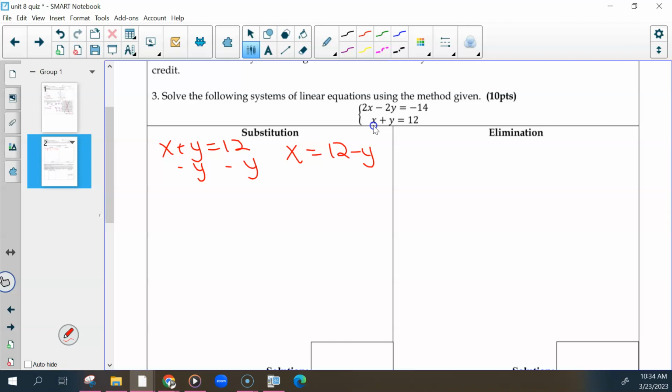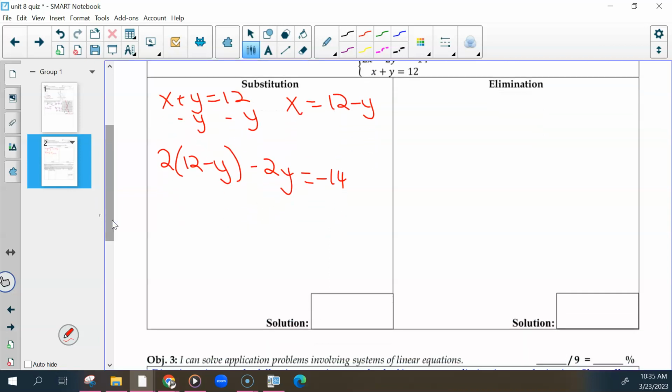And then take that piece of the equation, put it into the other one. Make sure you're putting it into the right variable. That didn't happen often, but a couple of you put it into the wrong one and then it messed things up. So then we would distribute.